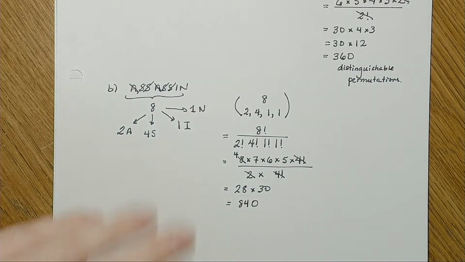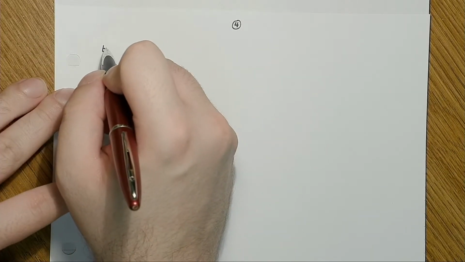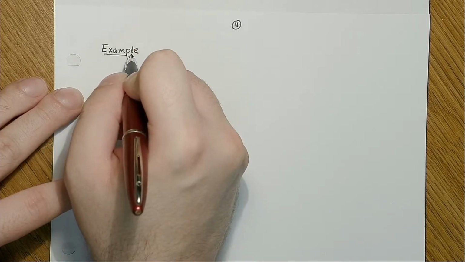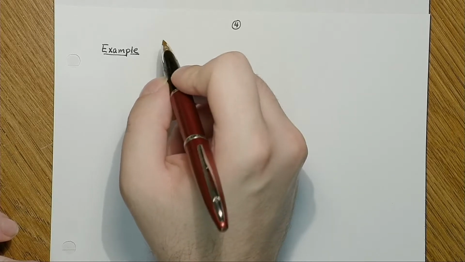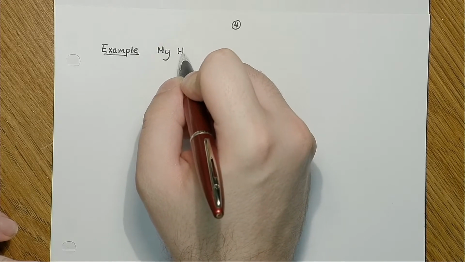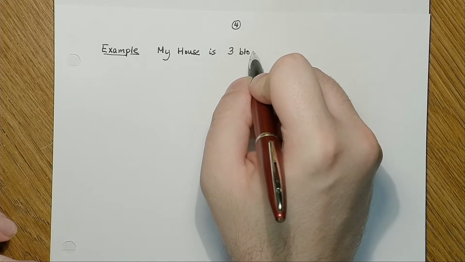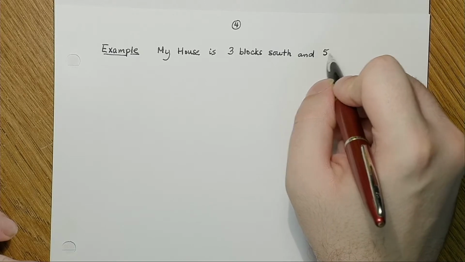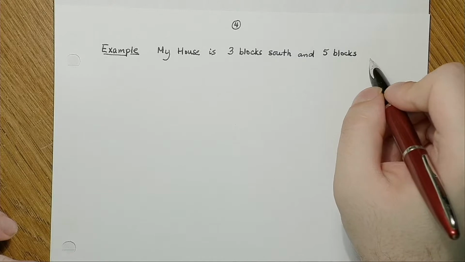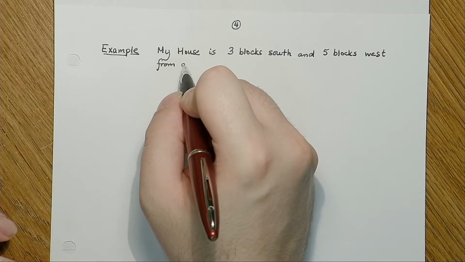Let me grab one more sheet. So let's say that my house is 3 blocks south, and let's do 5 blocks west, from a grocery store.